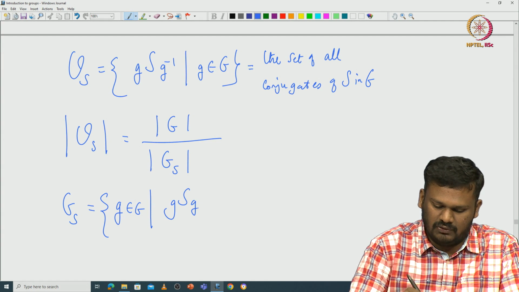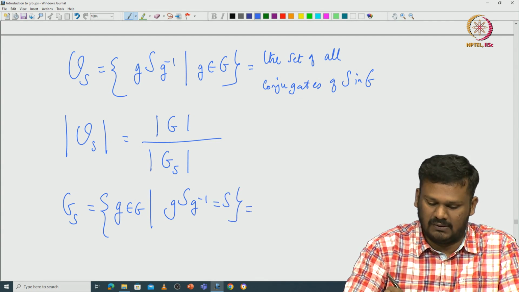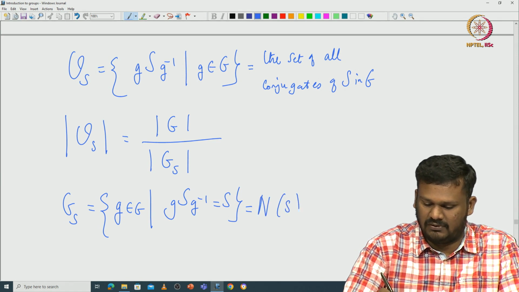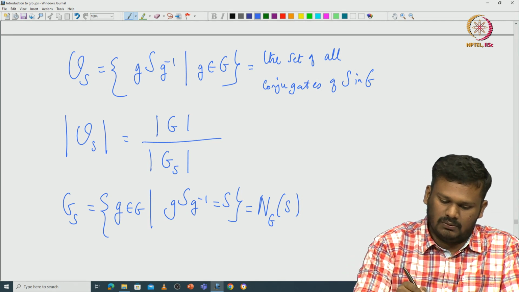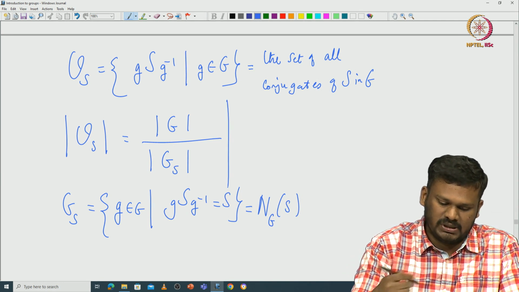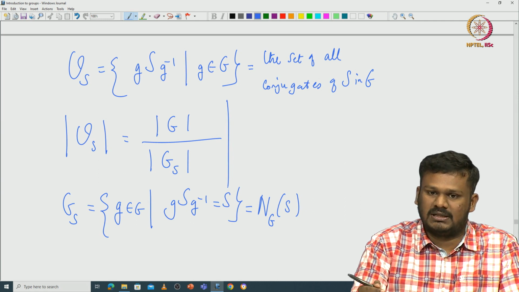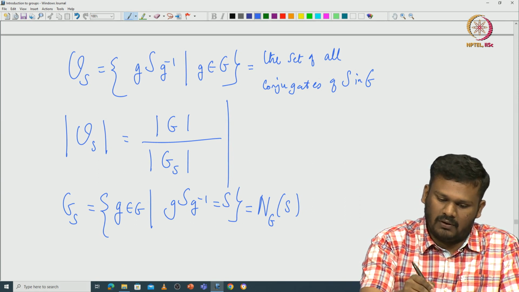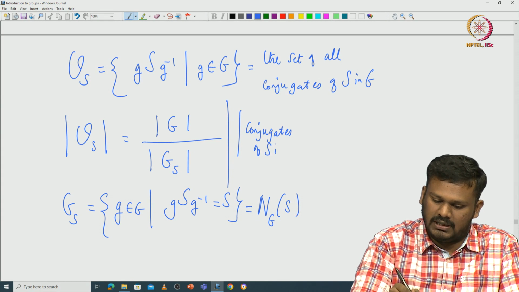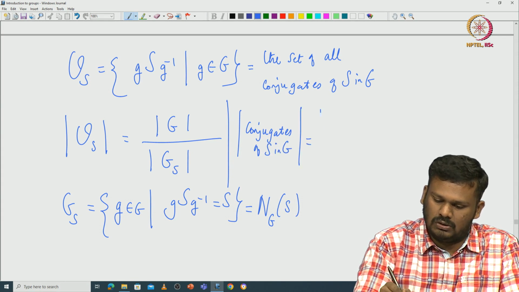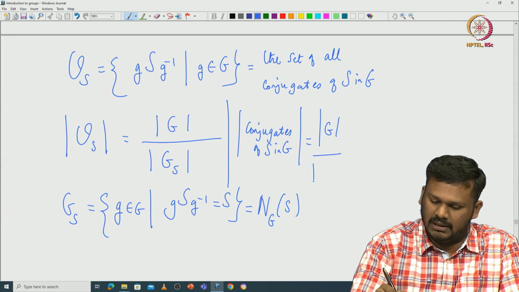That means g S g inverse should be exactly S, but this is nothing but the normalizer of S in G. So what we prove using the orbit stabilizer theorem is that the number of conjugates of S in G is exactly equal to the cardinality of G divided by the cardinality of the normalizer.